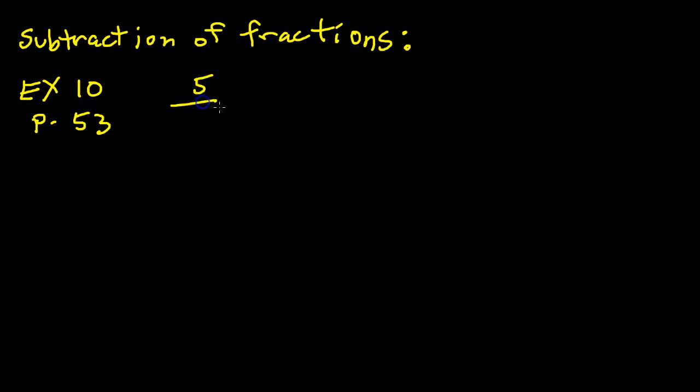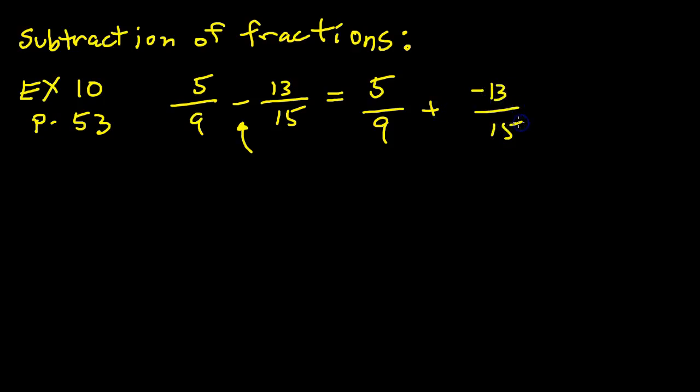We've got 5 ninths minus 13 fifteenths. And similarly here, if you're subtracting a fraction from another, it's equivalent to adding the opposite. So I can say it's 5 ninths plus the negative of 13 fifteenths. All right, we still need a common denominator to add these fractions.